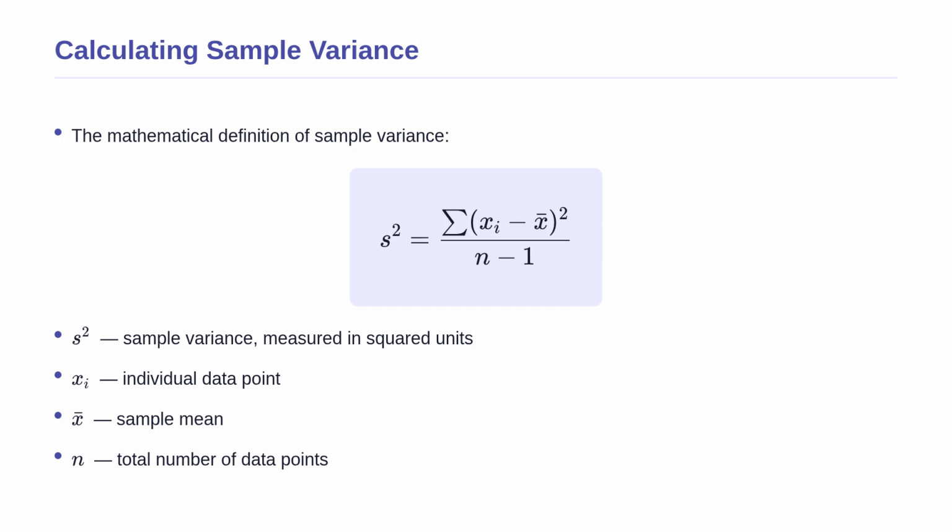Finally, we divide by n minus 1, where n is the sample size. We use n minus 1 instead of just n to correct for a slight mathematical bias, giving us a better estimate of the true population variance. Notice that if the data spreads out further, the numerator grows and the variance increases.